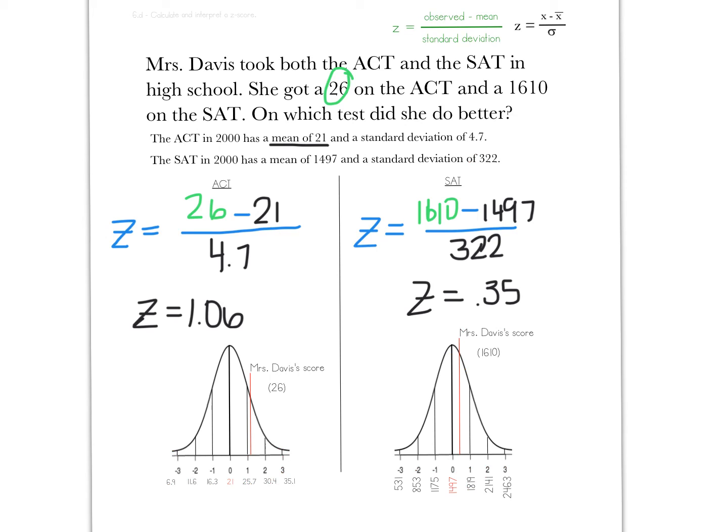So if you look, by taking these 2 scores and standardizing them, or putting them both into something that has a common language, on the ACT, I can tell that I did better because I was 1 and a little bit more standard deviations above the mean, whereas on the SAT, I was only 0.35 standard deviations better. So once I standardize the scores, I can compare the 2 standardized scores, and I can see that because this is a higher z-score, I did better on the ACT.